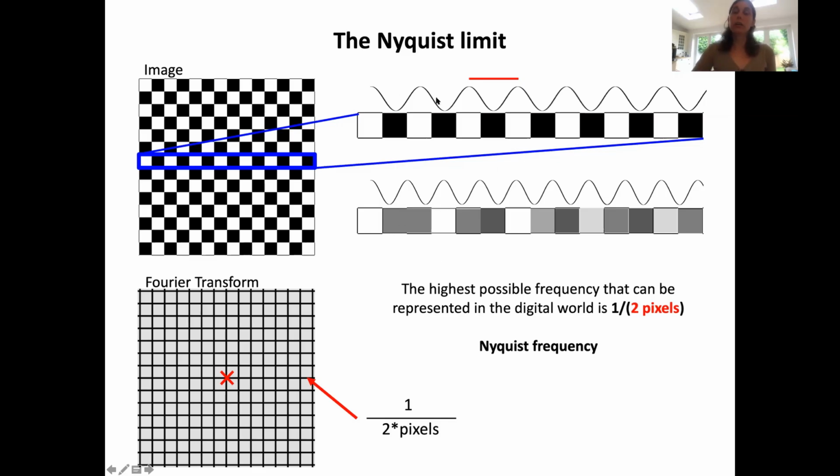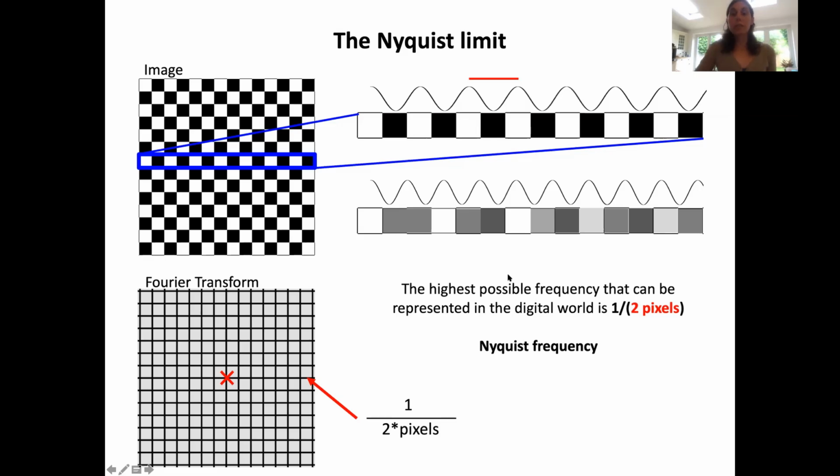This is actually true also if they're not multiples of these, but that doesn't matter. We are looking at the highest possible frequency, or the smallest possible oscillation that we can represent on a digital grid, which is twice the pixel size.